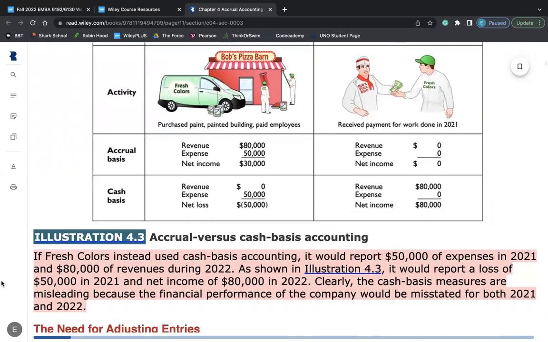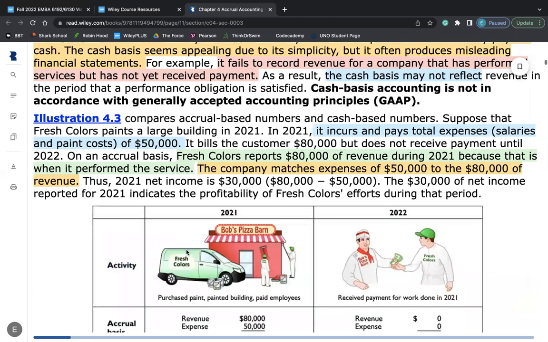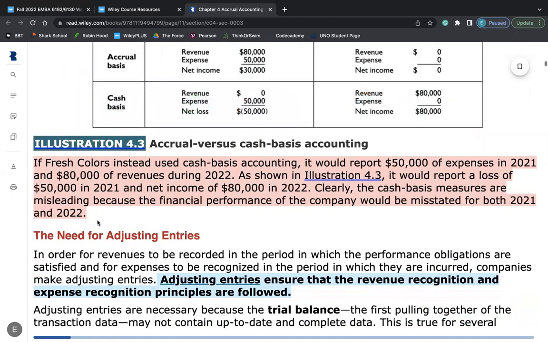Now let's go to cash. Down here, if Fresh Color instead used cash basis accounting, it would report $50,000 of expenses in 2021 and $80,000 of revenues in 2022.